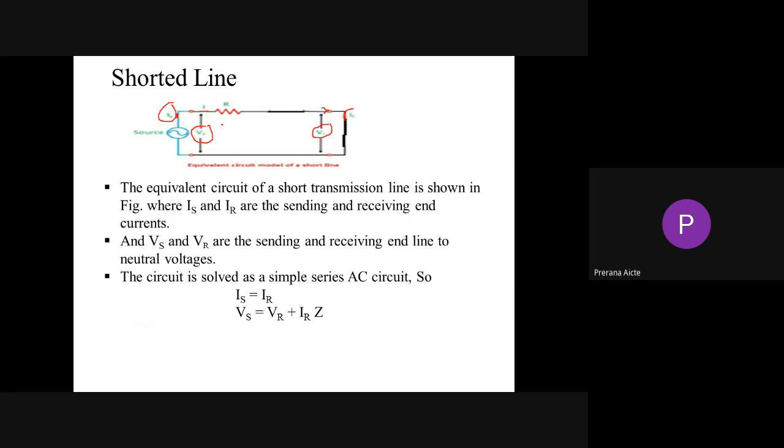Therefore the source current is equal to the receiving current, and the source voltage V of S is equal to the receiving voltage V of R plus I of R into this resistance value, that is Z. So V of S is equal to I into Z plus V of R.